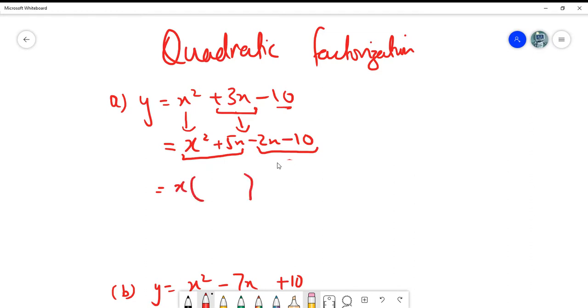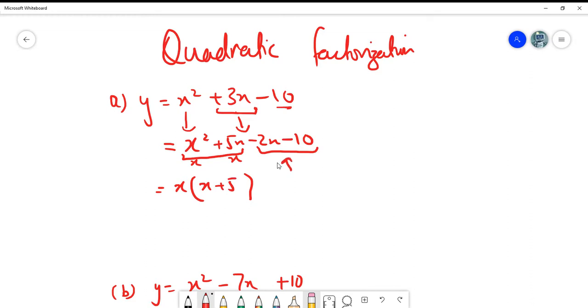While x is common here, I'll divide both terms by x because taking an element common means you have to divide both the terms by it. So x squared over x is x and 5x over x is 5. Therefore, I'll have to write x plus 5, the part that is left, inside the parentheses.